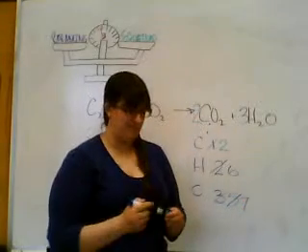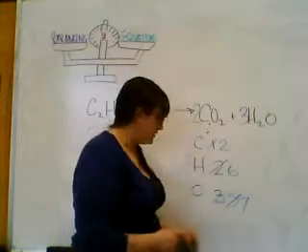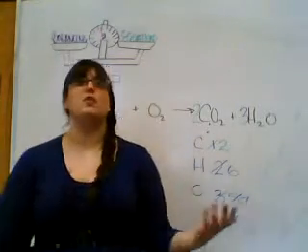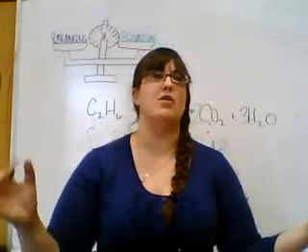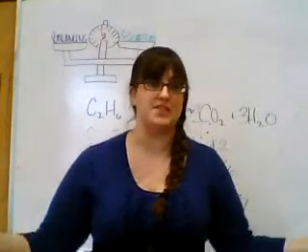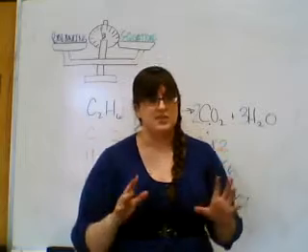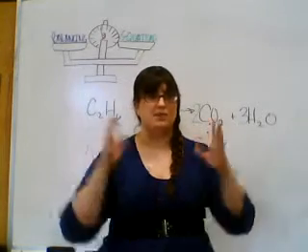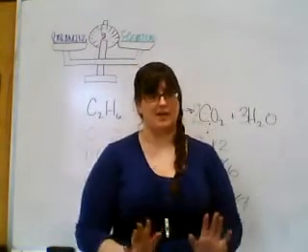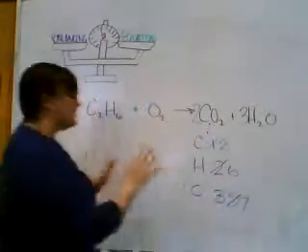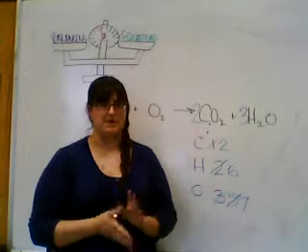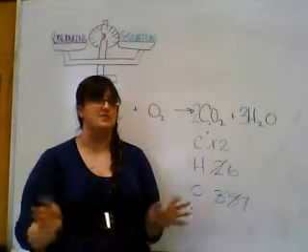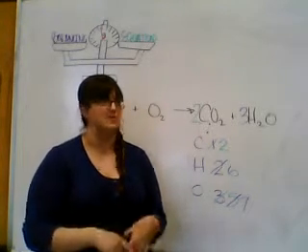Now at this point you might be going, oh my gosh, 7 is a prime number. How on earth am I going to multiply something times something and come out with 7? Here's the way that you can do it without tearing your hair out. When you have something that's diatomic, like oxygen, a lot of times this happens with oxygen because oxygen likes to make lots of friends and form lots of different molecules.